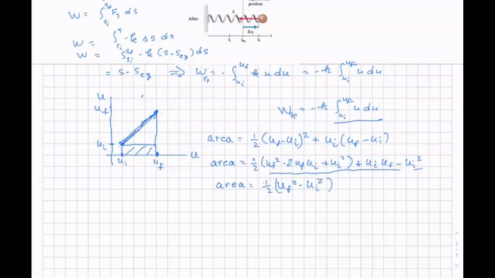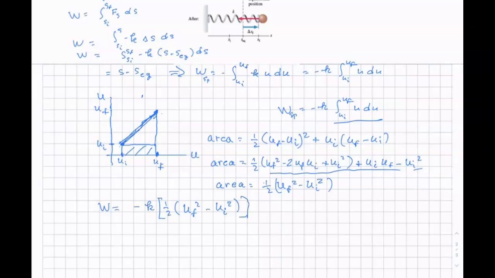Okay, so now we can write down our work for the spring as equal to minus K times 1/2 U_f squared minus U_initial squared.